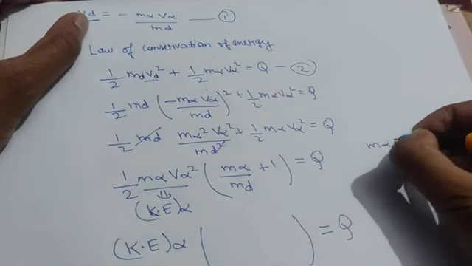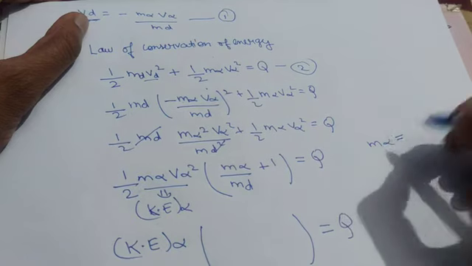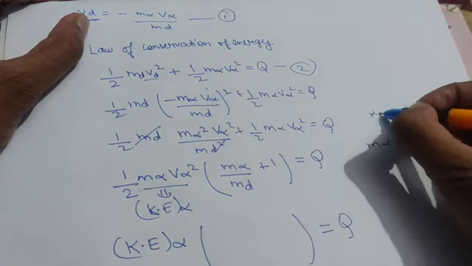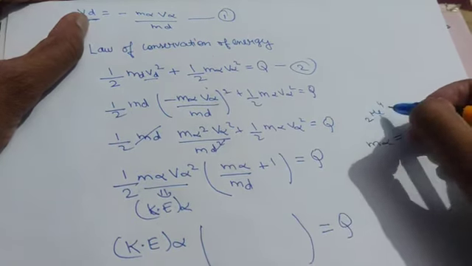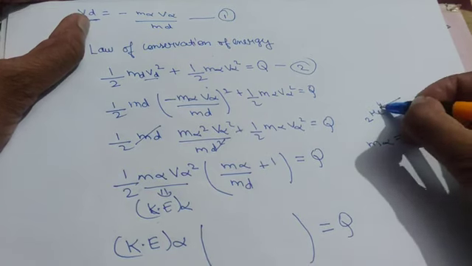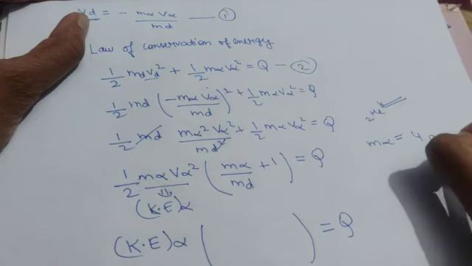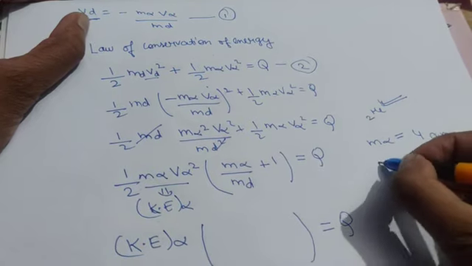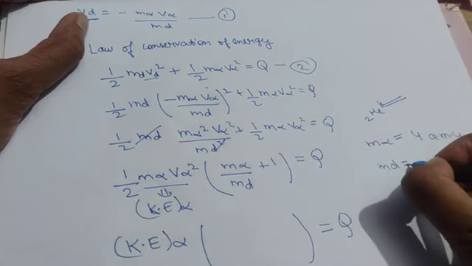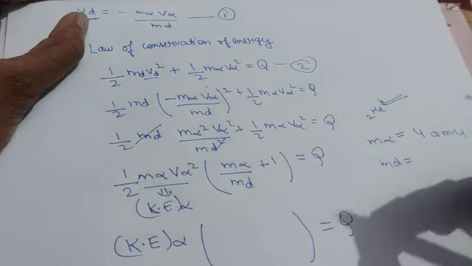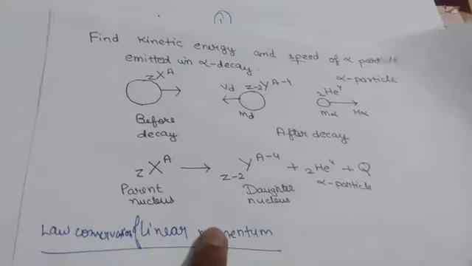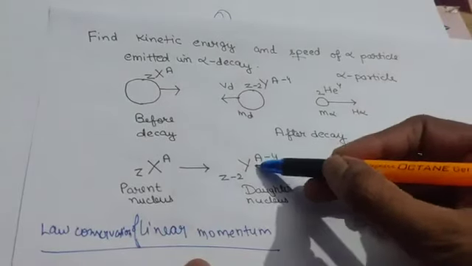Now m alpha is the mass of the alpha particle, that is the mass of helium, which is 4, with unit AMU. The mass of the daughter nucleus, from the beginning page, is A minus 4.